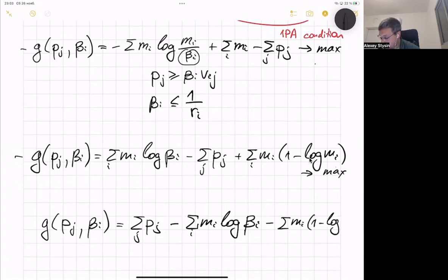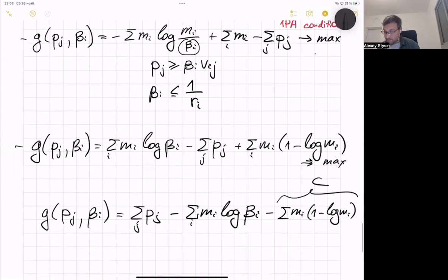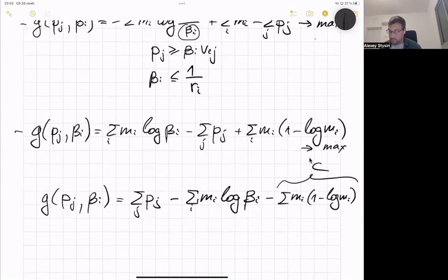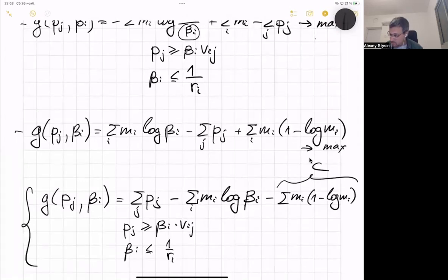Remember that I mentioned earlier that there is going to be a constant c that we will need to have to make sure that the primal value and the dual value are actually equal. So again, we will need to bring back all these conditions, vij and beta i less than or equal to 1 over ri. So this is the dual problem.